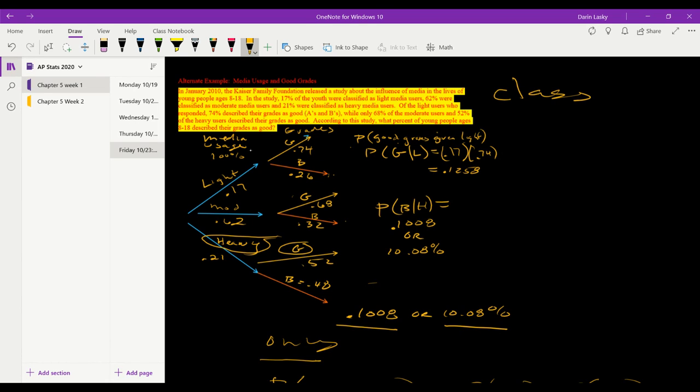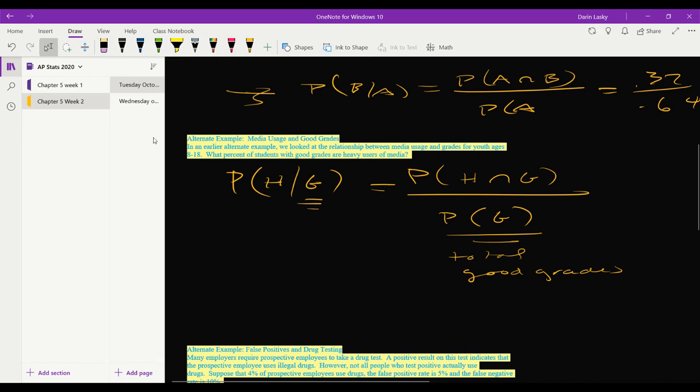That probability is 0.21 times 0.52. So the probability that they're heavy users and they get good grades is equal to 0.21 times 0.52. We just went down the tree chart.